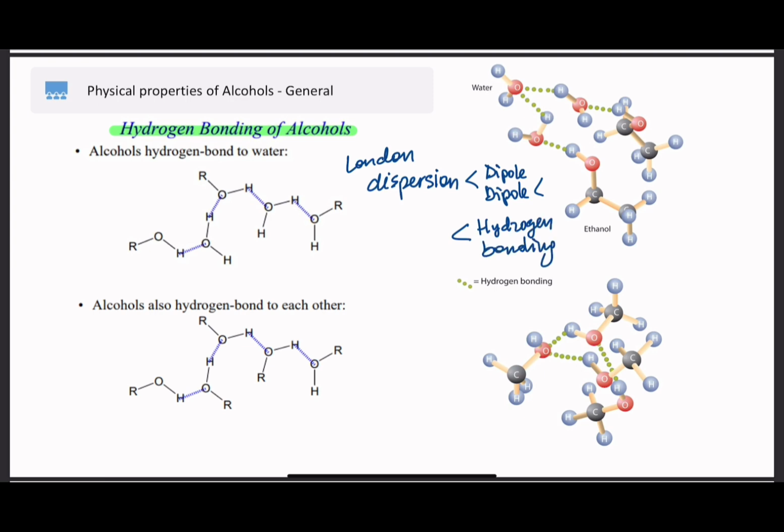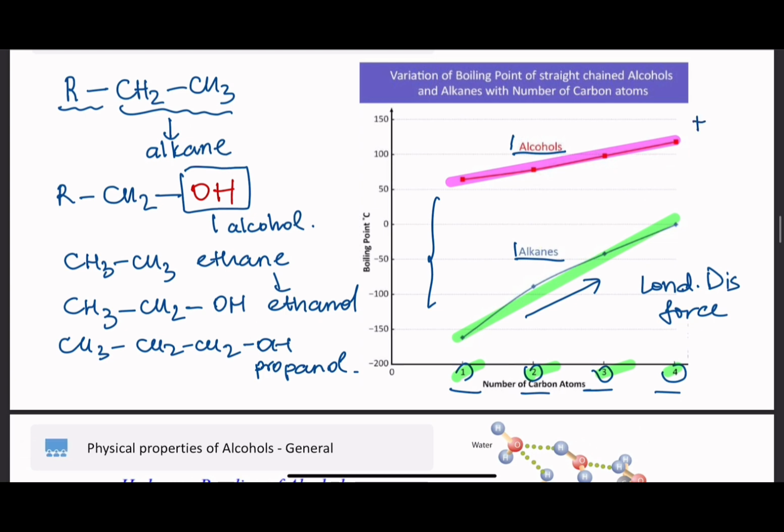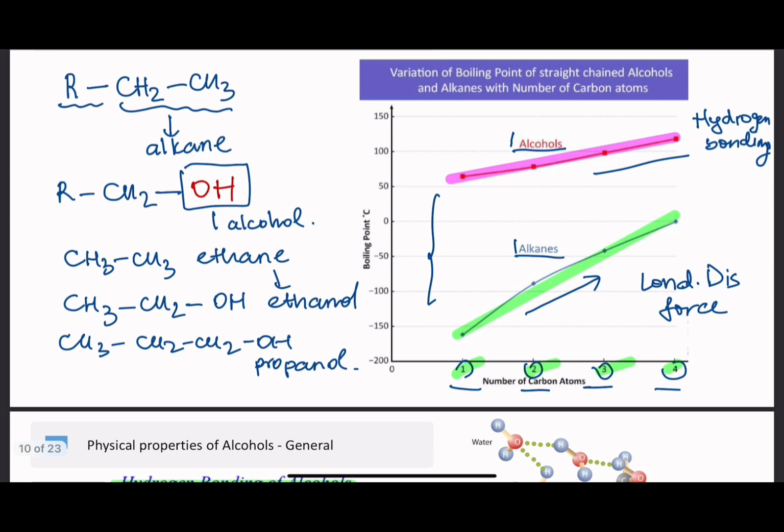So if you remember, I told you as the number of carbon atoms increases, my London dispersion force increases, right? But alcohol has hydrogen bonding. That's why it has a stronger bonding, and that's why it will have a higher boiling point.